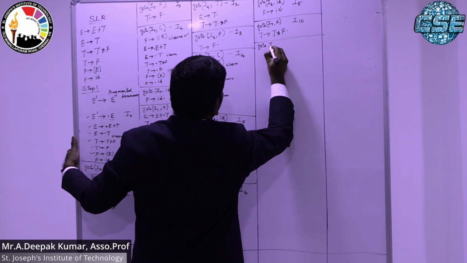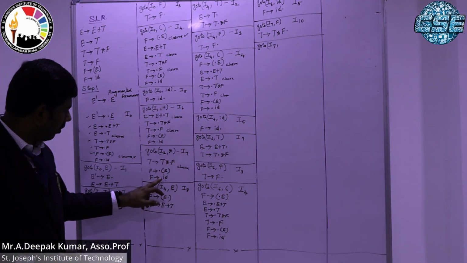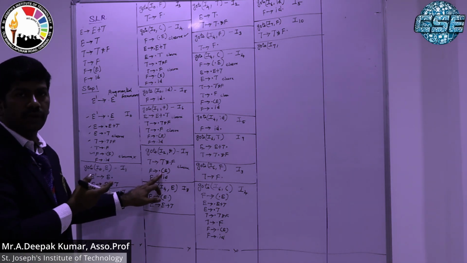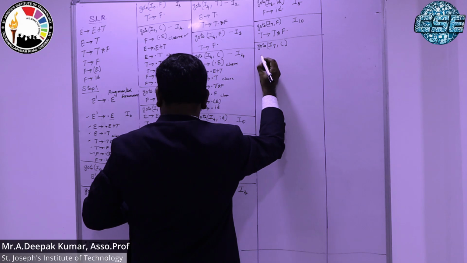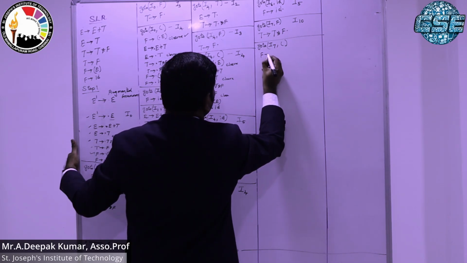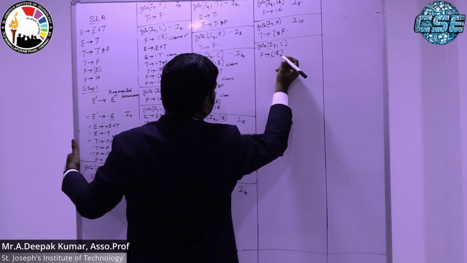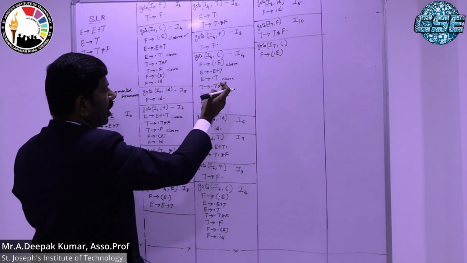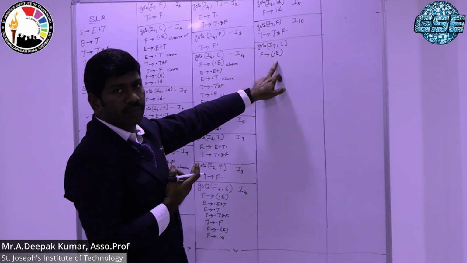Next, go to of I7 comma open braces. So what I will get is F derives open braces dot E close braces. As we discussed, after dot we have a non-terminal E, so closure is applicable here.